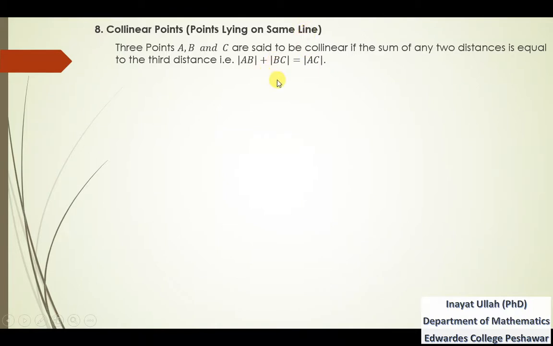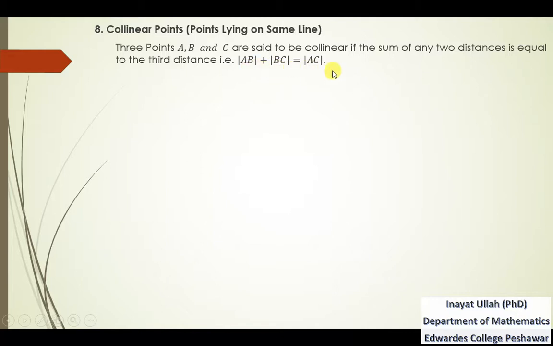And how could we know that 3 points are lying on the same line? We need to find the distance from A to B, and then the distance from B to C, and then the distance from A to C. If the sum of the distance AB and the distance BC is equal to the third distance AC, then we say that those 3 points are collinear, lying on the same line.